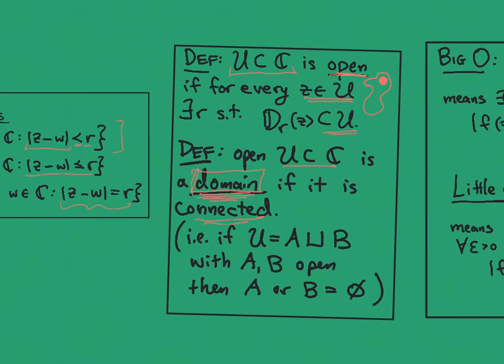For us, that'll just mean if you can write the set as a disjoint union of two open sets, then one of these sets has to be empty. We do allow for open sets to be empty, that's the standard practice in topology.